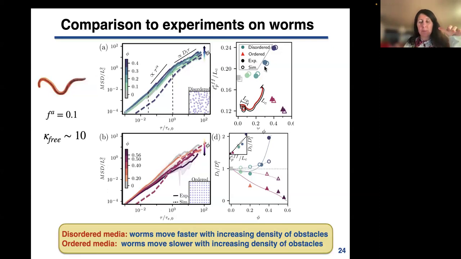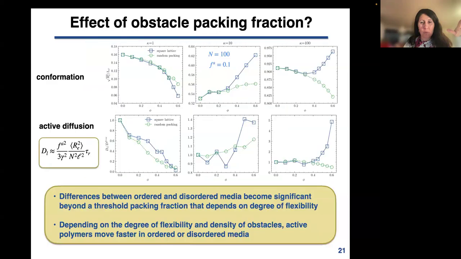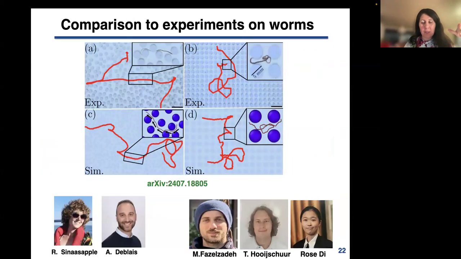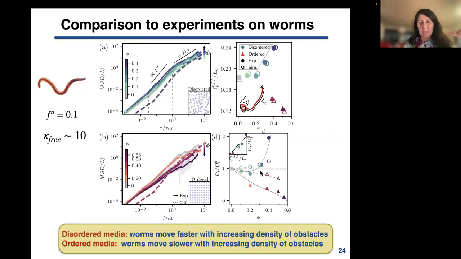So if we match the persistence, we can explain the trends, but it's not trivial, because of these strange trends I showed you before: depending on what range of persistence length and packing fraction you have, you can have either the ordered or disordered diffusion being higher or lower. So you can see it here. If we match the persistence length, we can capture the trends, but not the exact values. It's because our model is too rough and we don't capture the short-time dynamics of the mean square displacement. You need to consider some more undulations that we don't have in our model.